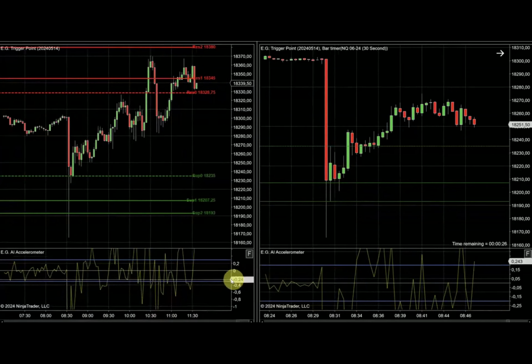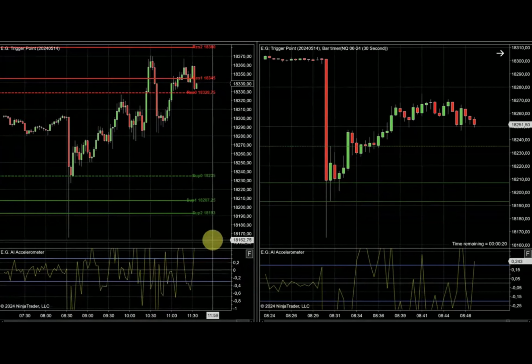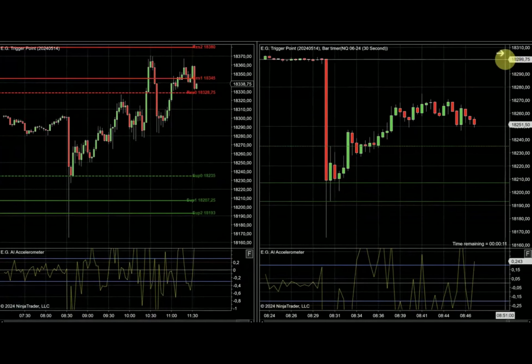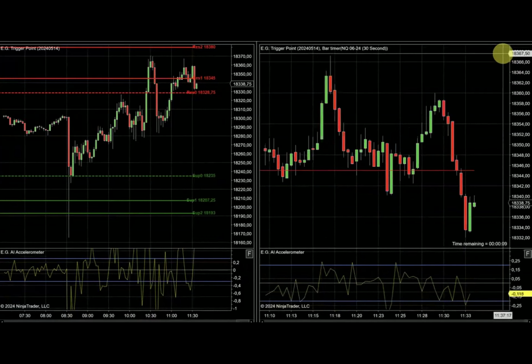Let me see if we can see something on this 3-minute chart. At the moment, really nothing, and the price is in between trigger points, so this is a no-go zone for me. I hate those trigger points as much as I hate traffic control patrols, traffic police.